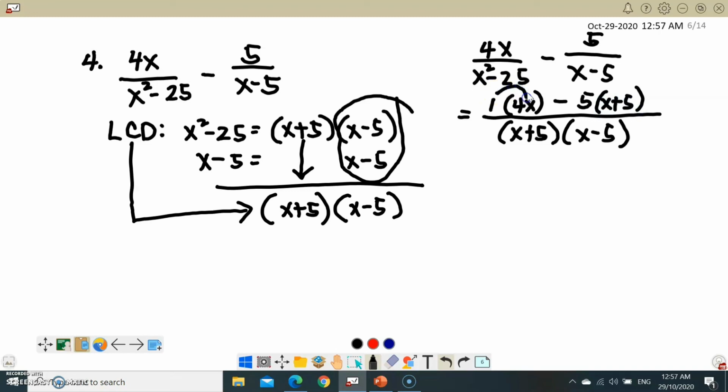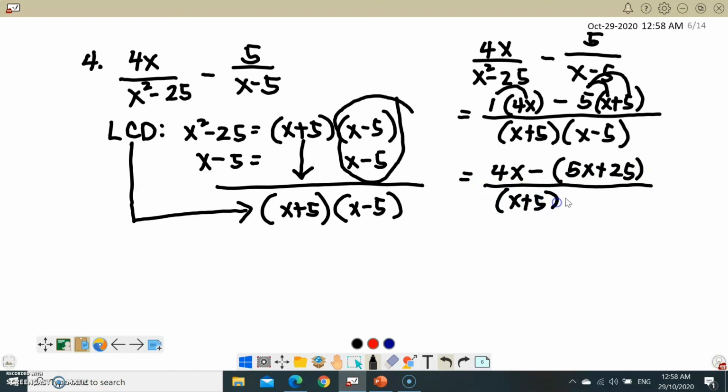So 1 times 4x is equal to 4x minus 5 times x is 5x. 5 times 5 is positive 25 over x plus 5 multiplied by x minus 5.